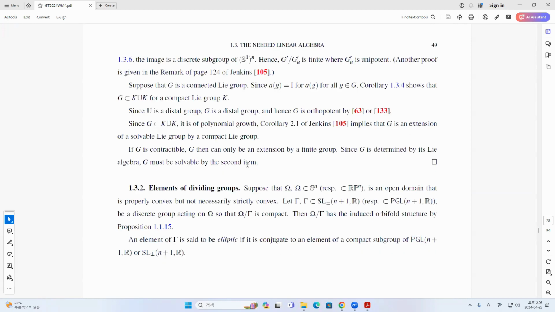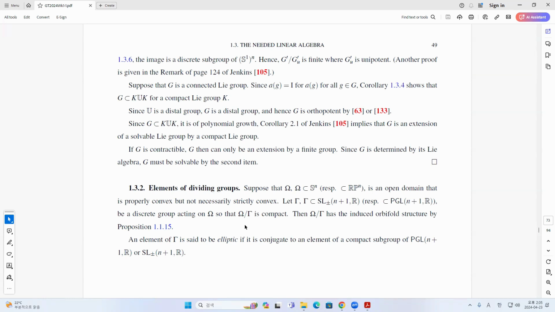Next, we want to talk about something called a dividing group. Suppose we have some domain which is properly convex, but maybe not strictly convex. If a discrete group acts on it so that omega mod gamma is compact, then omega mod gamma has an induced orbifold structure by this proposition.